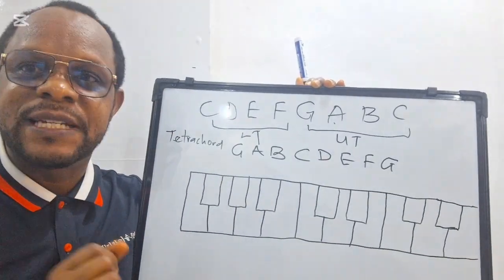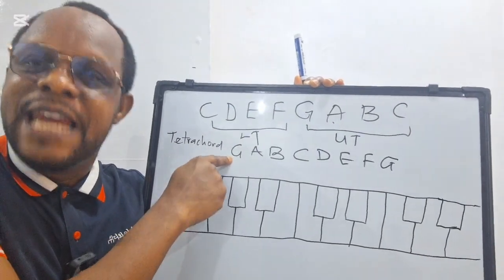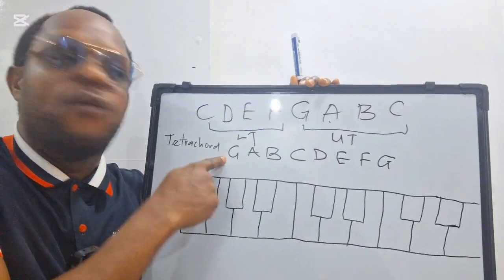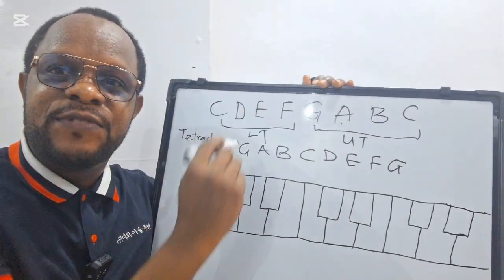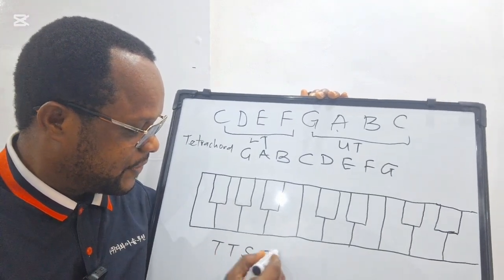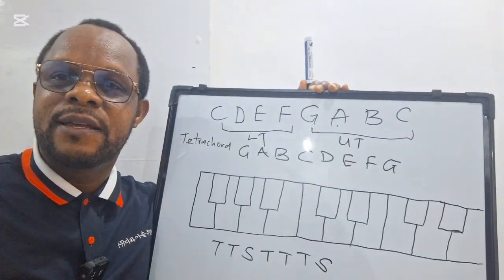Remember, I said that the first letter represents the name of that scale. So this is an incomplete scale of G. Do you know why? You need to cross-check if this is correct. Tone, tone, semitone, tone, tone, tone, semitone. That is the only way.